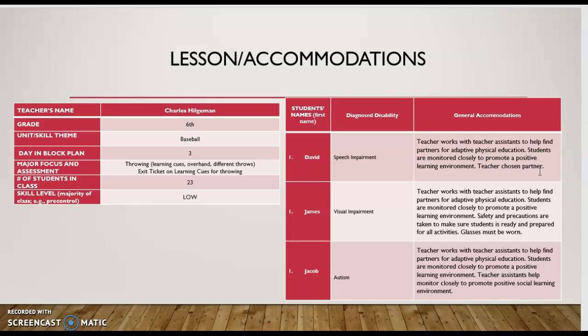For James, the teacher assistant will help find a partner as well, keeping an eye on him for safety reasons and making sure that he keeps his glasses on. And for Jacob, who has autism, the teacher will work with the teacher assistant to help find partners to promote a positive learning environment, and the teacher assistant will monitor closely to promote positive social learning.